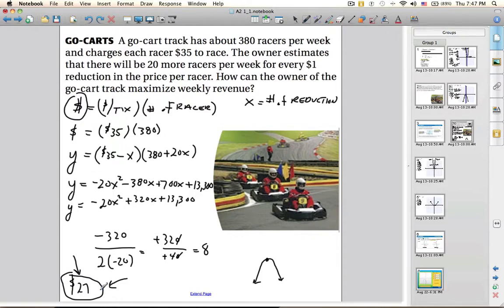Okay, so make sure once you've correctly created a model and solved your model, the solution may or may not be the answer to the question. Frequently, like in this problem, it's a piece of the information that you need in order to answer the question. Okay, that's a wrap up on section 1.1.